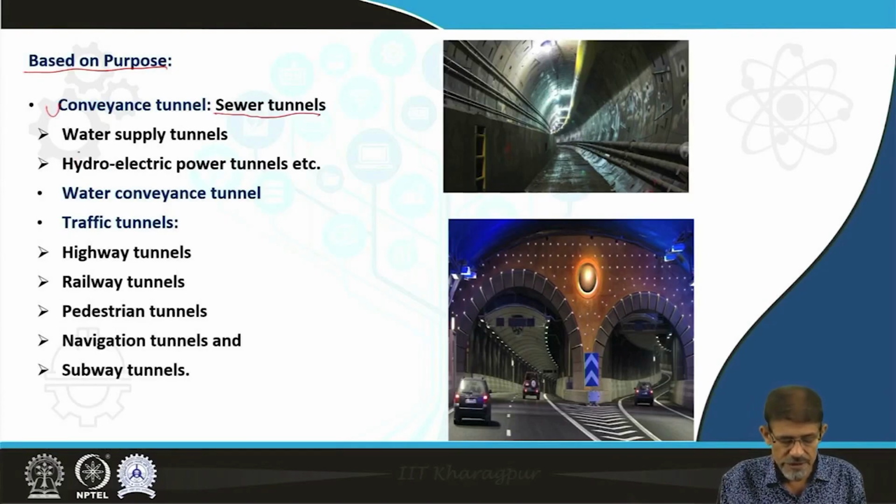Sewer tunnels, as the name indicates, are utilized for the movement of sewage material. Then the water supply tunnel is utilized for supply of water to domestic communities or for industrial use. Then for the generation of hydroelectric power, tunnels are utilized as hydroelectric power tunnels.